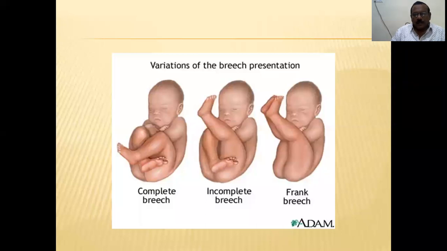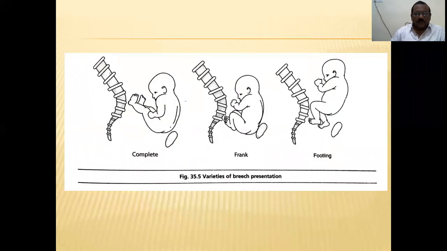Frank breech means both the legs are extended at the knee joint and lie straight. This is called the frank breech or extended breech. This is complete breech and this is frank breech.